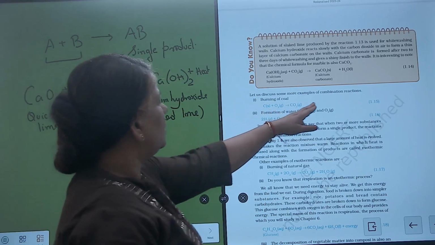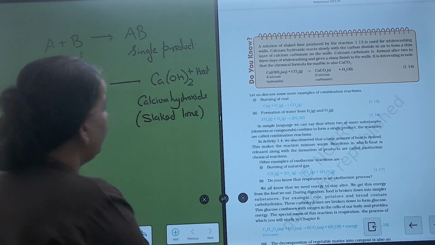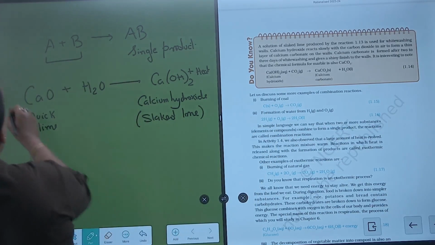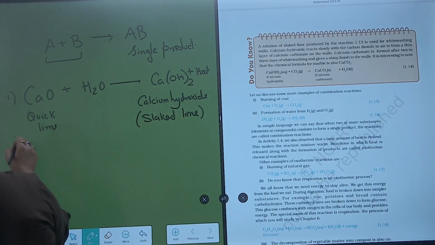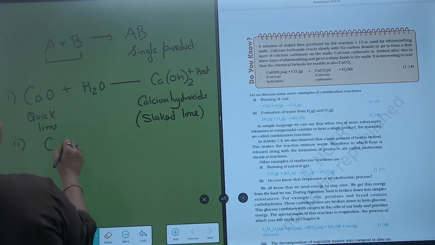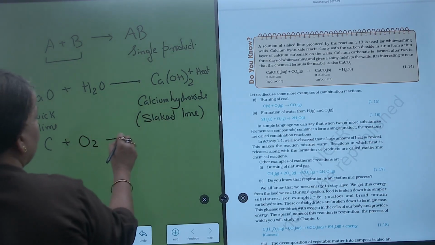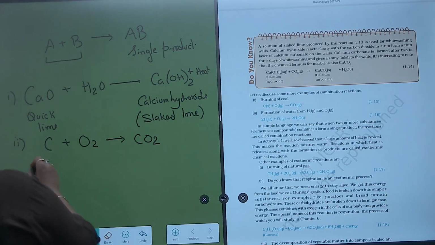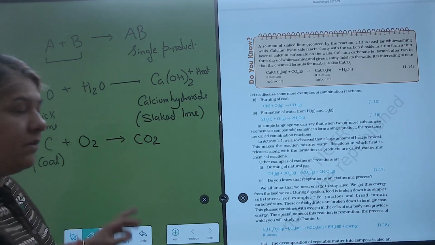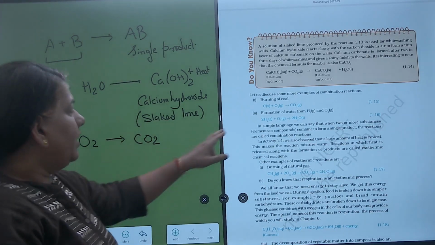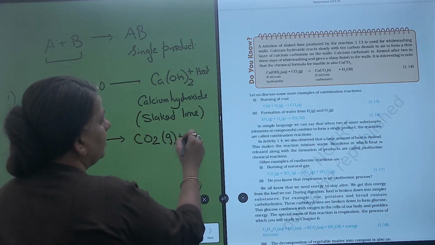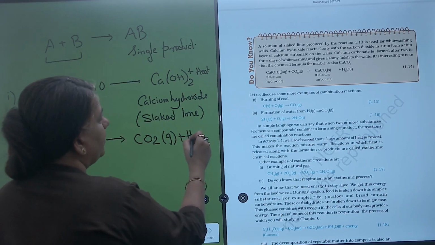Some more examples of combination reactions are given. See, burning of coal, that is carbon. This another example of combination reaction is burning of coal. We get carbon dioxide. So coal is represented by symbol C for carbon. Okay, here also heat will be produced because burning is always exothermic process.